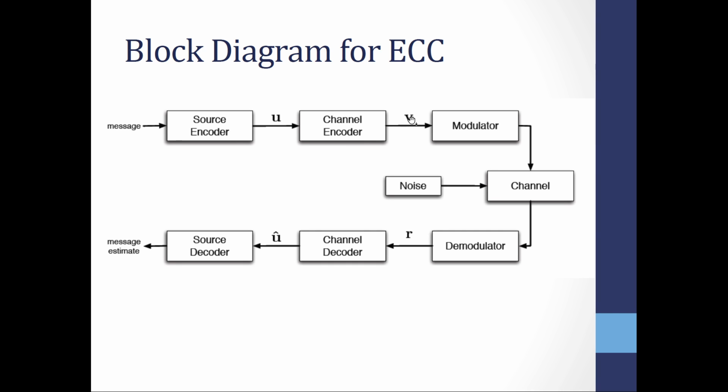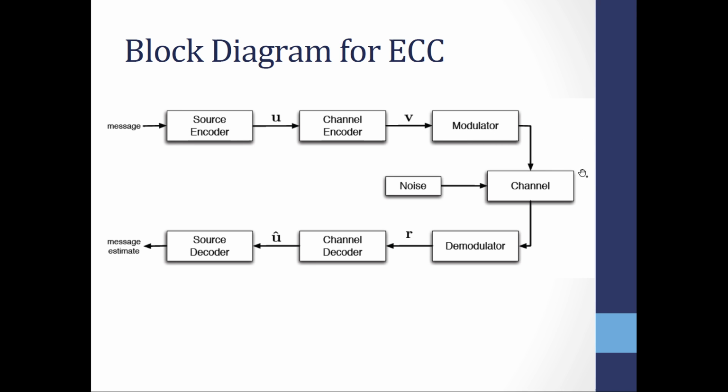After the channel encoder, you have the modulator, which is among the topics that we have discussed so far in the lecture, usually a digital modulator like QAM, PSK, FSK, binary phase shift keying, and so on, or any other modulator.